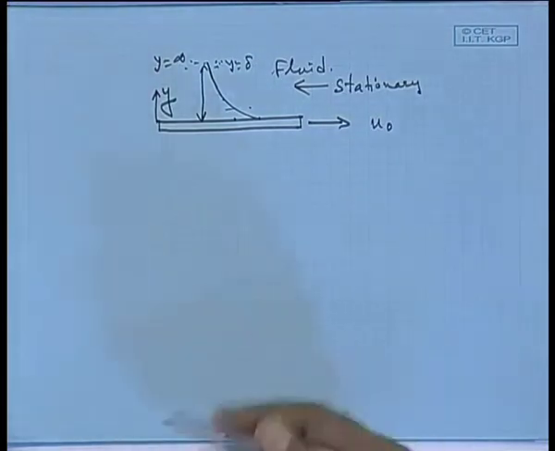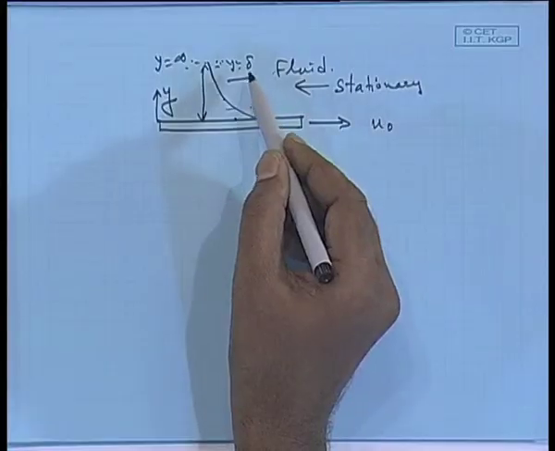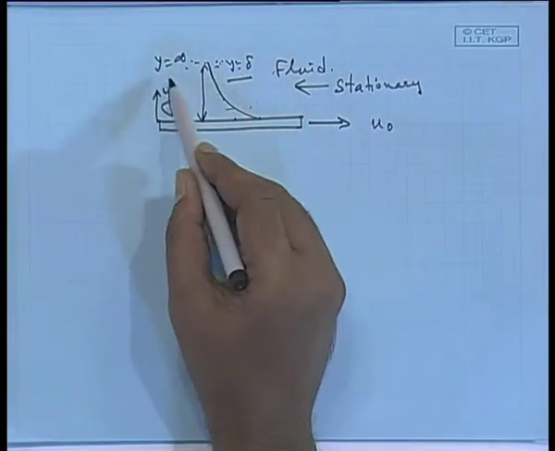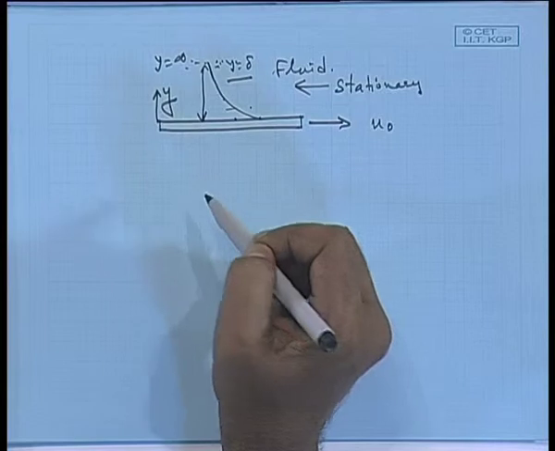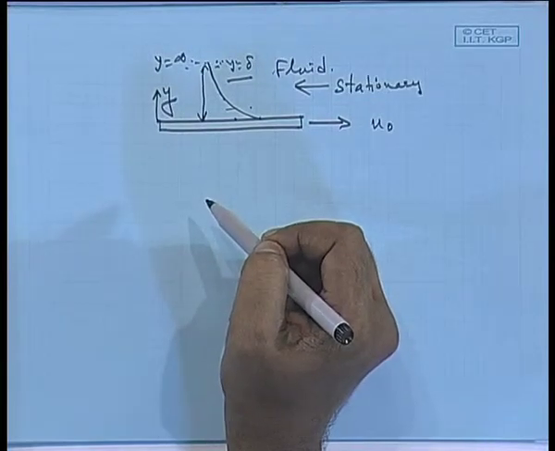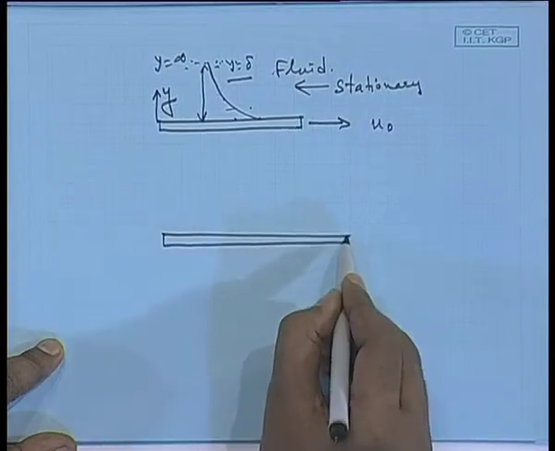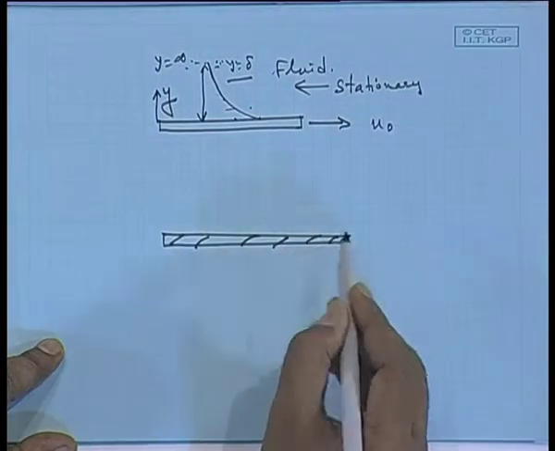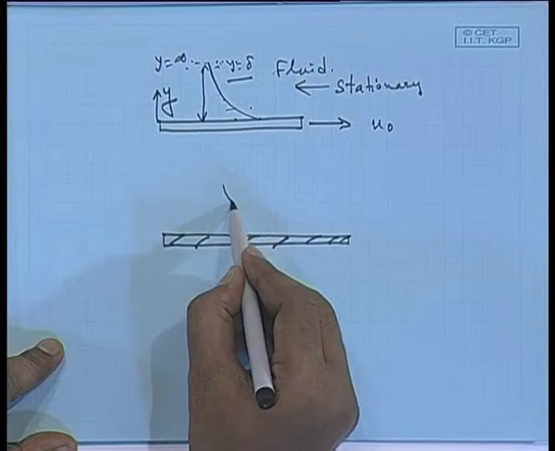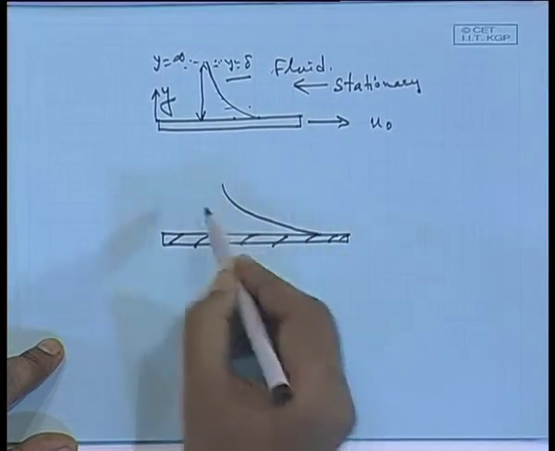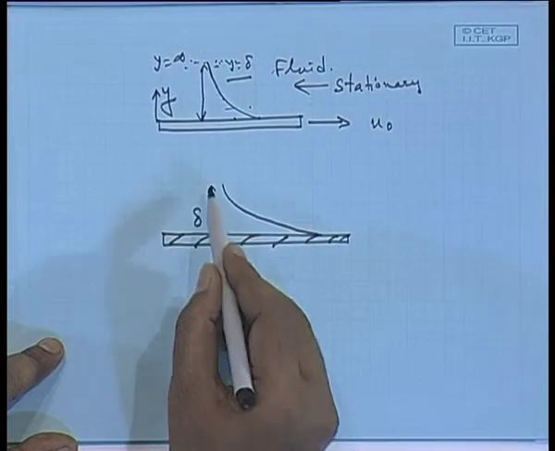So, to ease away the mathematics, or to do away with the difficulty that we will be facing about this boundary condition, often this boundary condition is replaced by the boundary condition at y equal to infinity. That means, if you look into the system, this delta will be really very small.